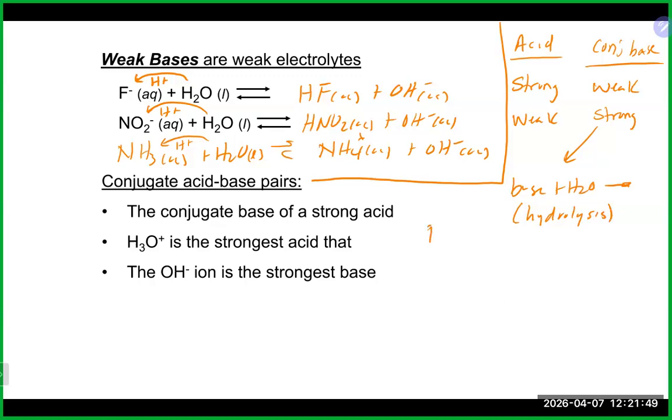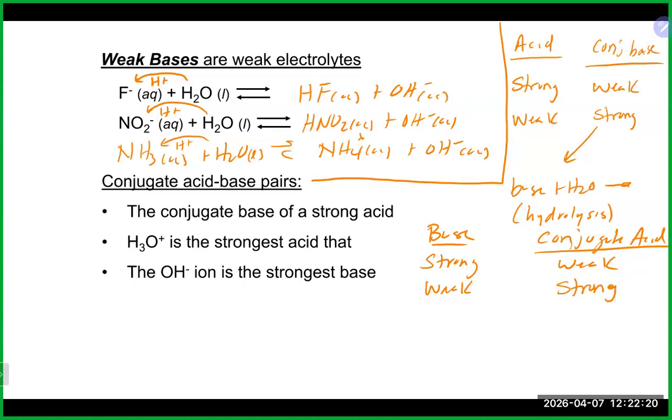Now, if you have a base, its partner will be a conjugate acid. And it's the same sort of relationship. If it is a strong base, it will have a relatively weak conjugate acid. So it will not really react with water or really affect the pH of that solution. If you have a weak base, it will produce a relatively strong conjugate acid, which once again will react with the water.